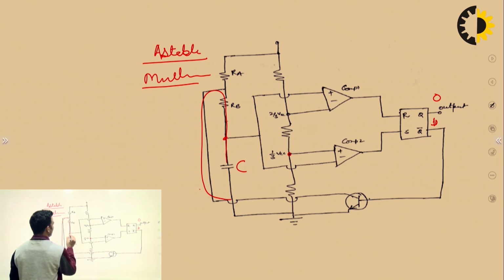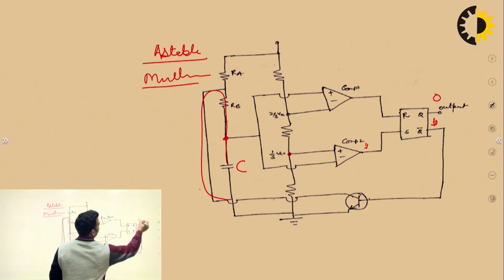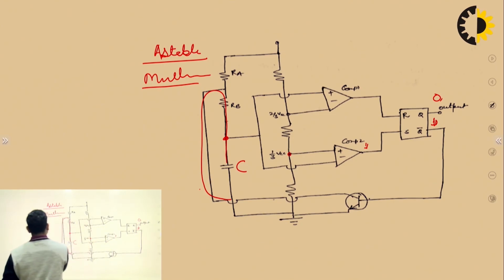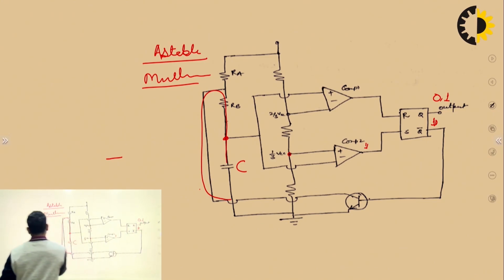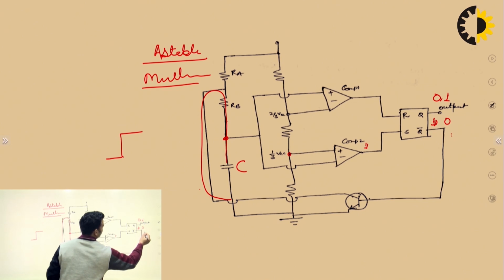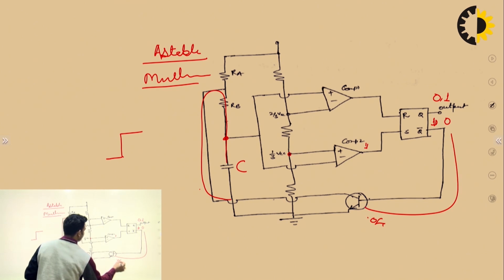As the voltage across this capacitor becomes slightly less than 1/3 VCC, the output will become 1. Set, initially I had considered it as 0, now it will become 1. It will be 0. The transistor will become off now.